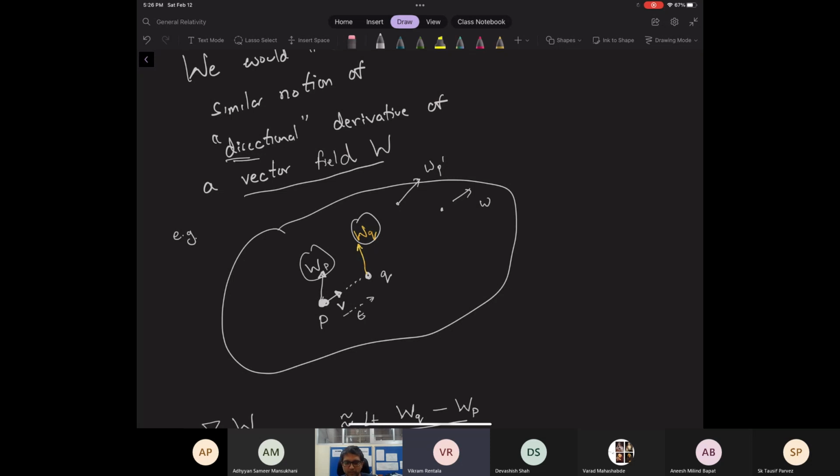I'm picking out one particular vector at every point on this space.